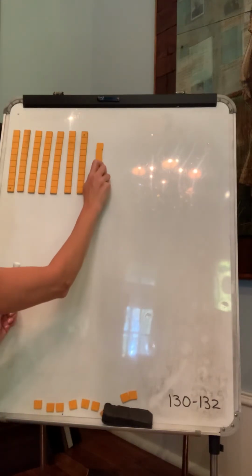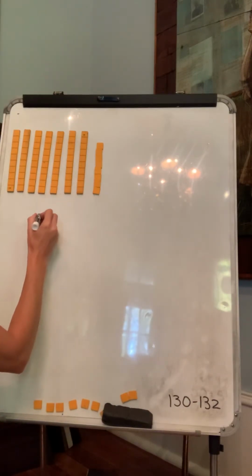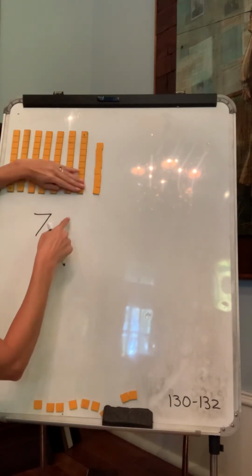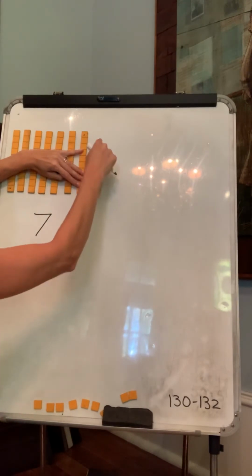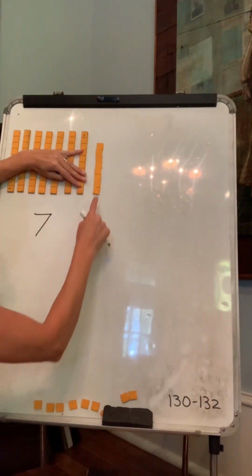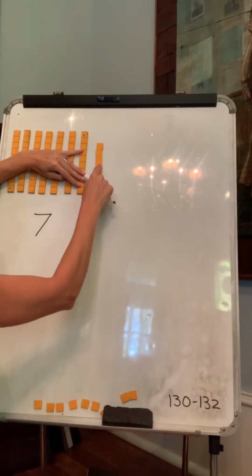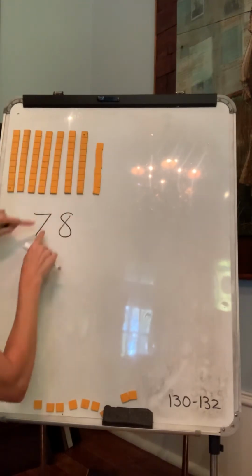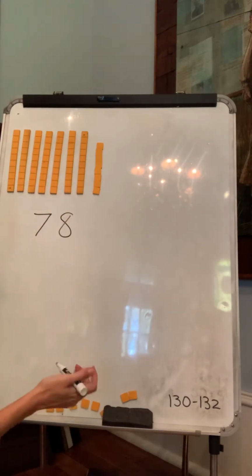Okay, so you agree I have 7 tens. Right here, 1, 2, 3, 4, 5, 6, 7. And then I have my ones. They don't quite make a 10. So we're going to count them as ones. 1, 2, 3, 4, 5, 6, 7, 8. So this is 78. 7 tens, 8 ones.